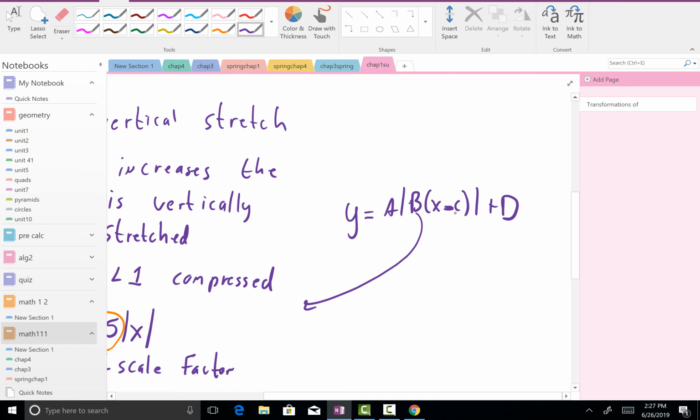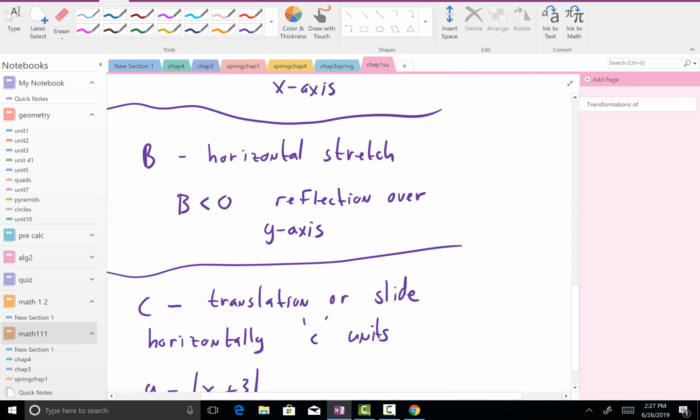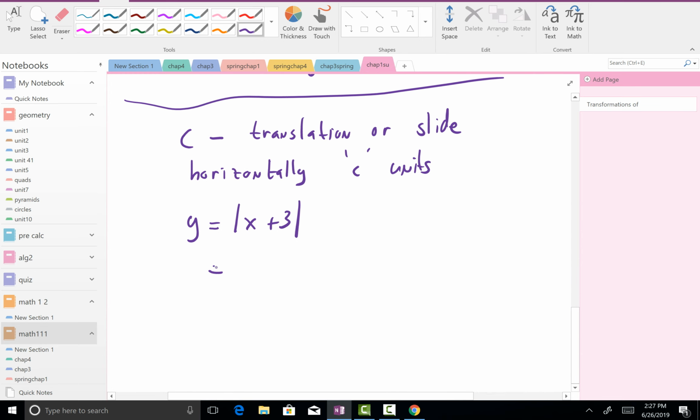So that minus c messes us up a little bit. That means that this would be minus a negative 3, because we have a plus there. So this is going to go over 3 units negatively or 3 units to the left. A lot of people just think of it as being just the opposite of what's inside there.